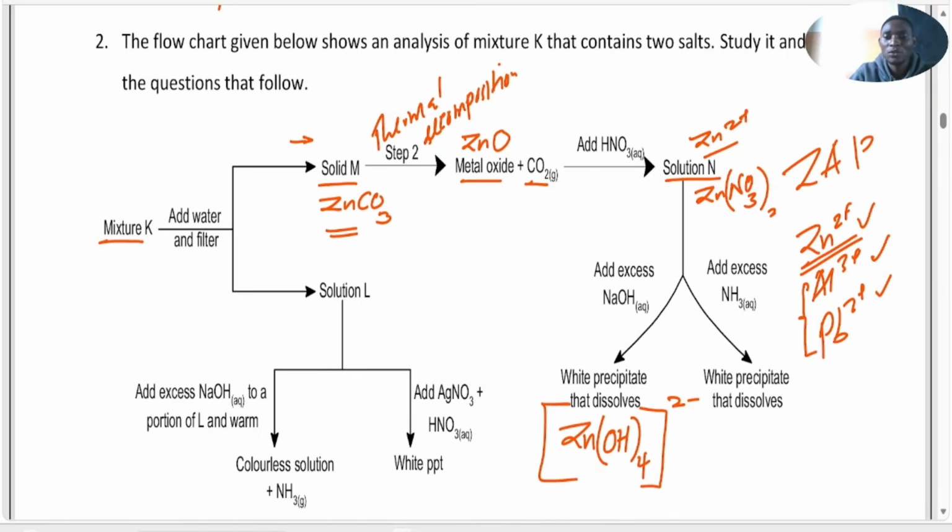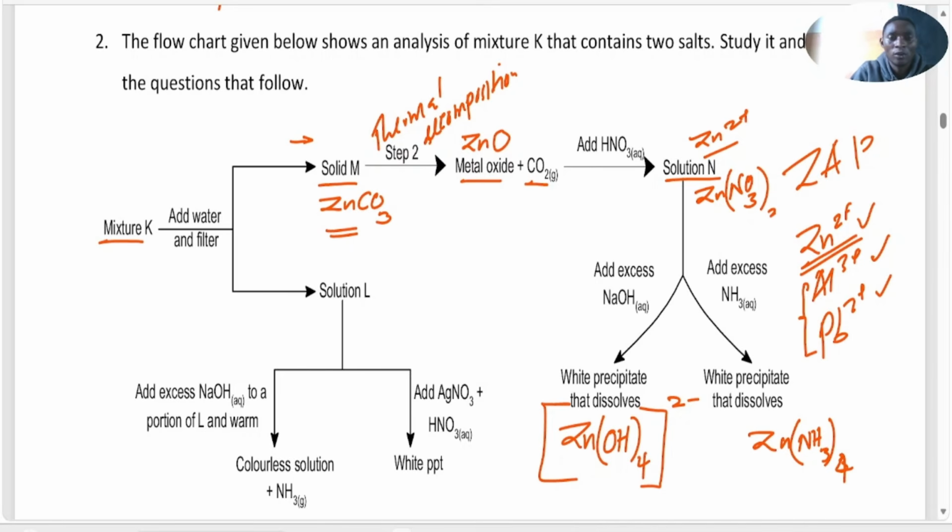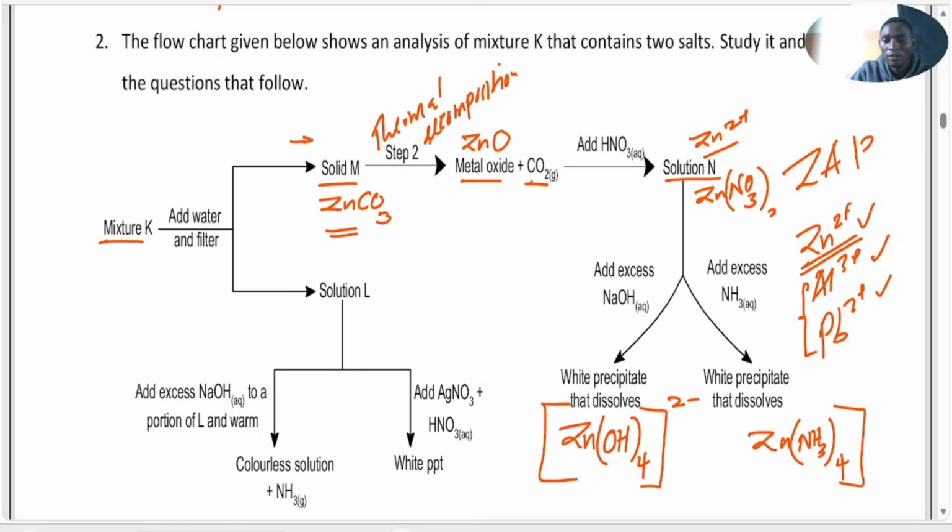Then when I add excess ammonia to zinc ions, I'm going to get zinc tetraamine. So we're going to have a complex ion, which is zinc with four molecules of ammonia, and that's the reason we call it zinc tetraamine. We enclose it with 2 positive.